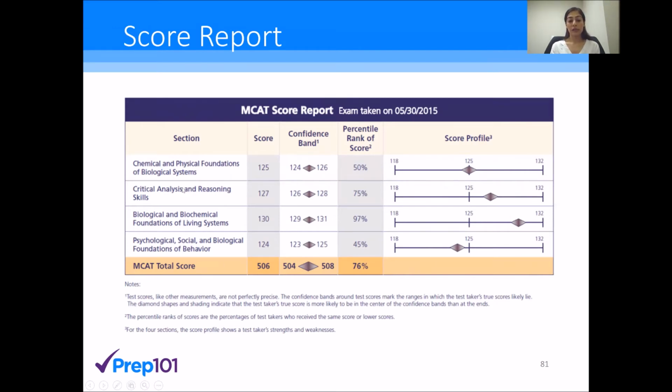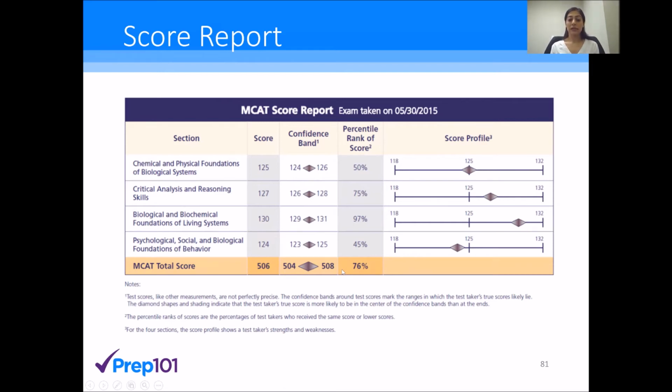Now, what happens is when you sum all 4 of the sectional scores together, at the bottom, it gives you your total score. So out of the 472 to the 528, this student scored an overall 506. Now that 506 refers to the 76th percentile.